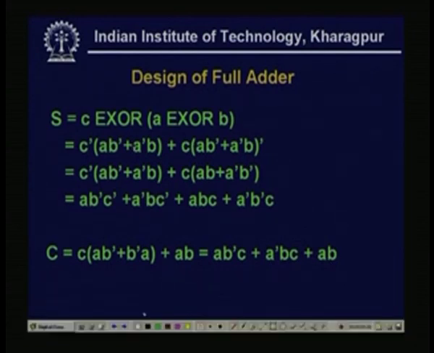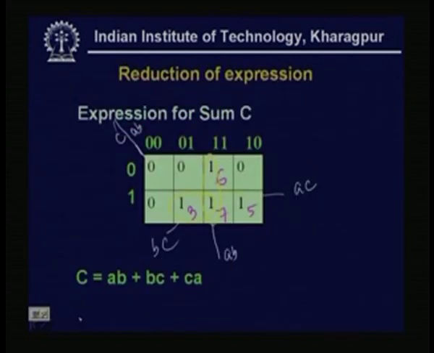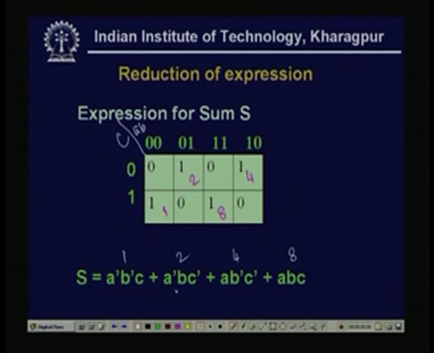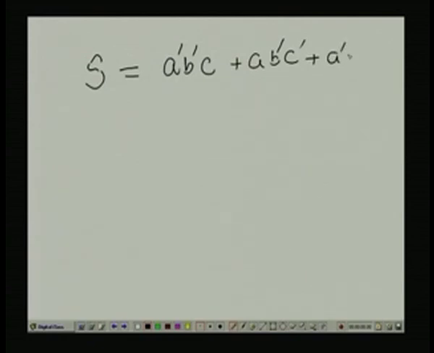My sum was A dash B dash C, A dash B C dash, A B dash C dash plus A B C. So, if we take that sum expression, if we write the sum expression A dash B dash C, A B dash C dash, A dash B C dash plus A B C.